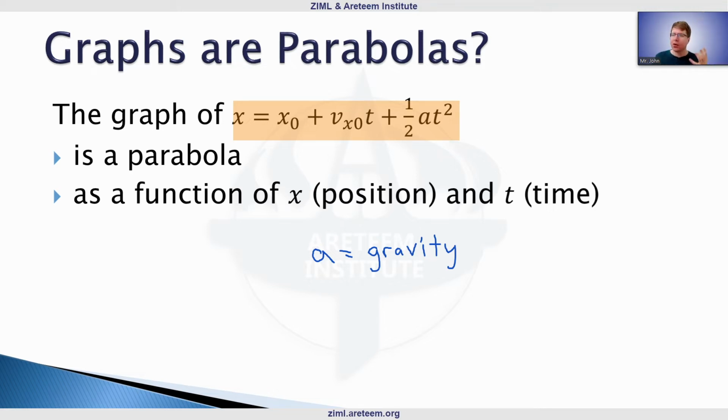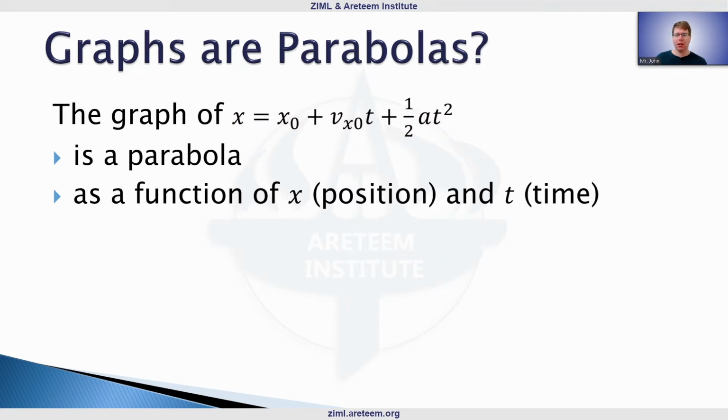And then the acceleration is due to gravity. It's falling that way. So this is negative 9.8. We're not going to be too worried about the units or things like that. But the approximation we're going to use is negative 9.8 meters per second squared for this acceleration here.